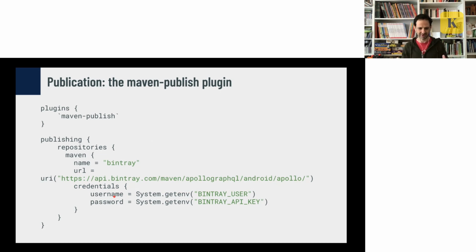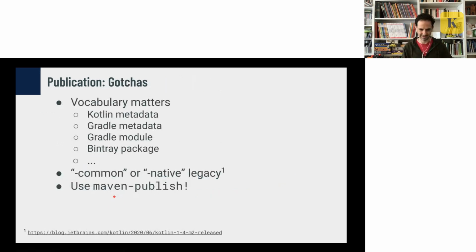So really, if you're a library maintainer, publish your libraries using the maven-publish. It's really easy. A few gotchas that we learned along the way, though, is that there's a lot of moving parts. Gradle metadata is not the same as Kotlin metadata, and each of these tools has different meaning and puts different concepts behind sometimes the same word.